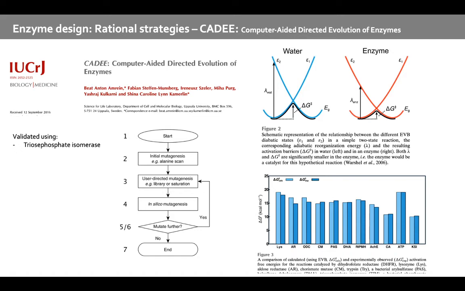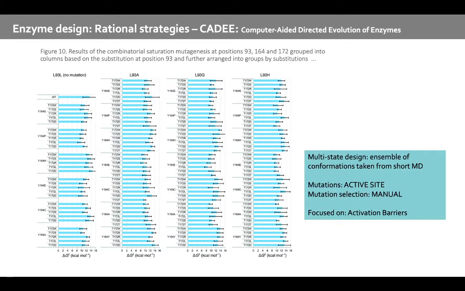If you move to the next slide, you see, for example, some results where some positions were subjected to mutagenesis, and they computed the activation barriers. As they did MD to have several snapshots, they have different barriers for each snapshot. That's why there are these deviation bars.